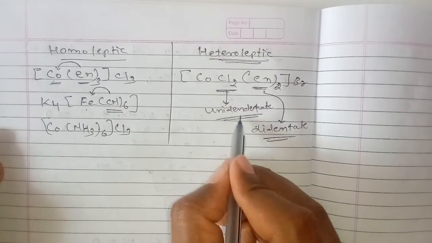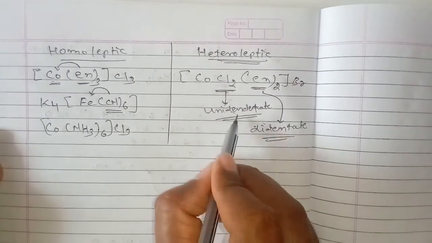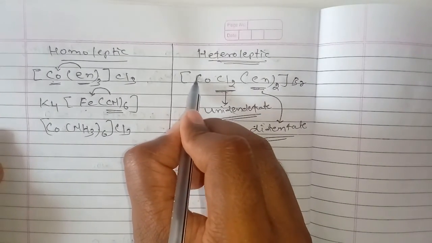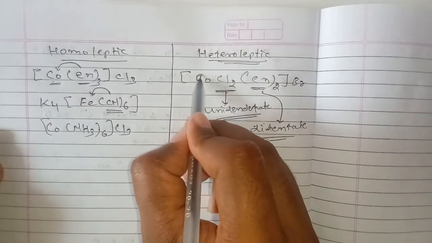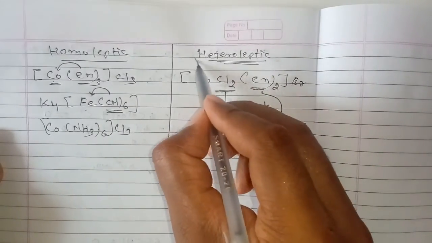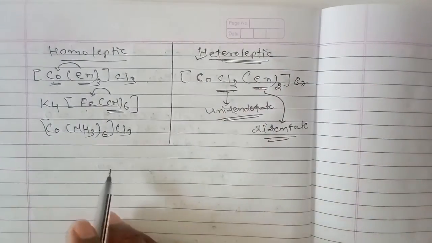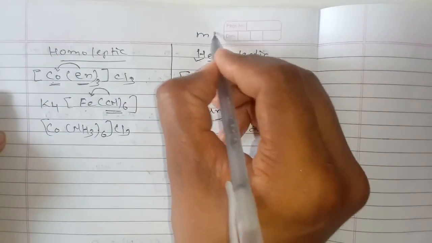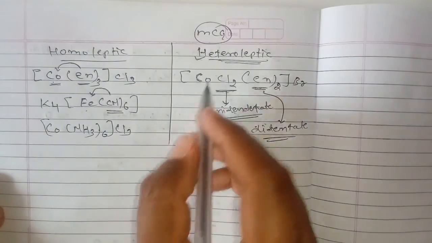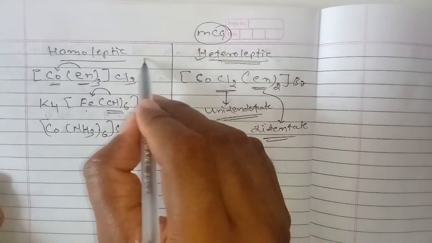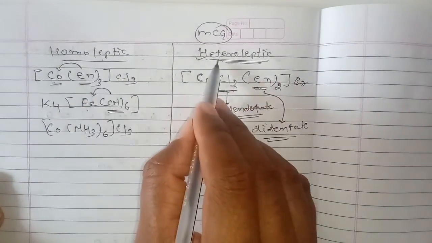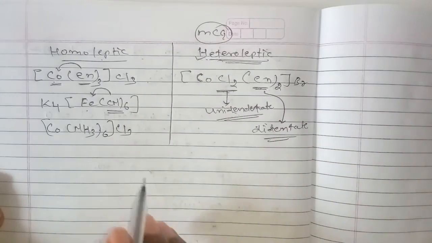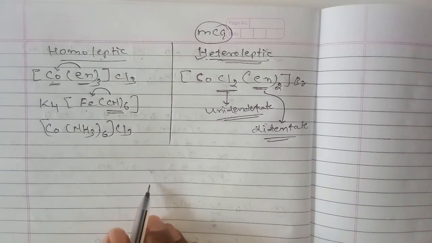So two different kind of ligand bonded to the central metal atom, so it is heteroleptic complexes. This is most important for MCQ. Sometimes you will be asked which one of the following is homoleptic complex or heteroleptic complex.